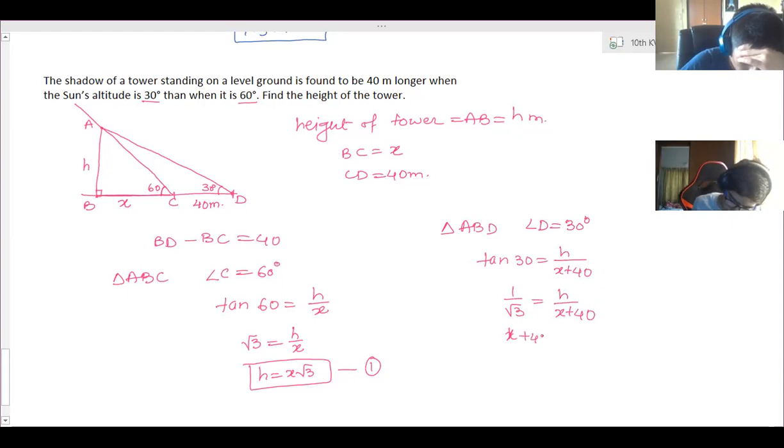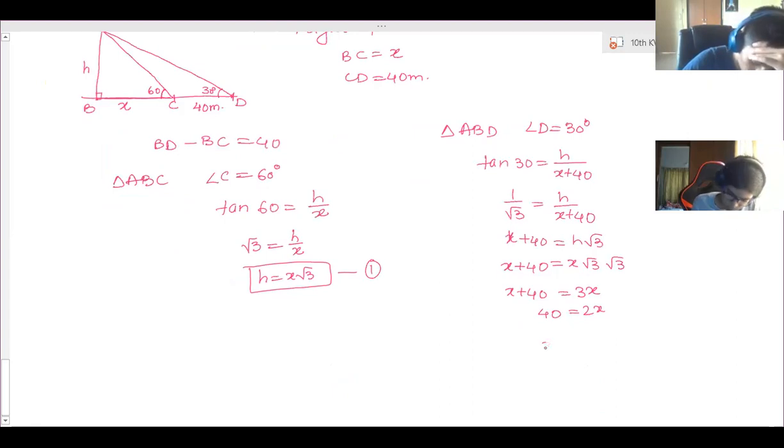X plus 40 is equal to H root 3. Substitute the value of H as X root 3: X plus 40 is equal to X root 3 into root 3. So X plus 40 is equal to 3X. 2X is equal to 40. X is equal to 20.